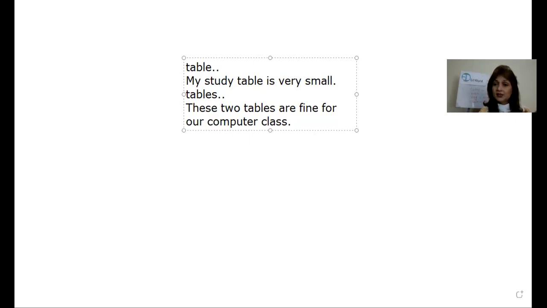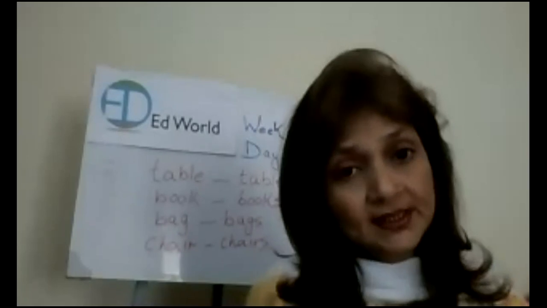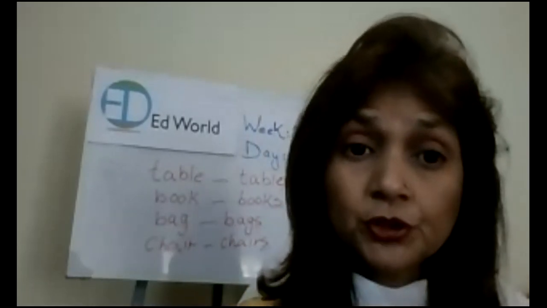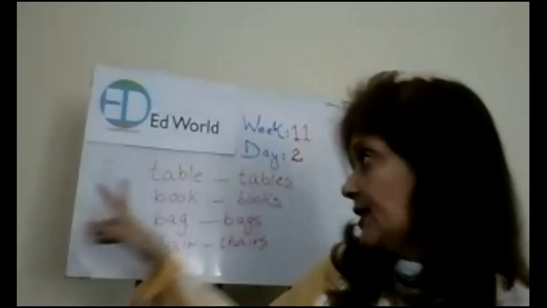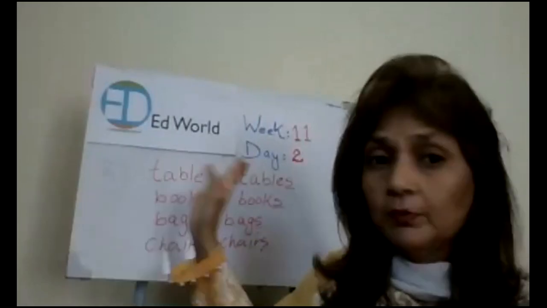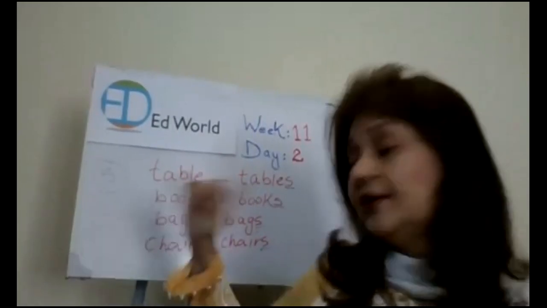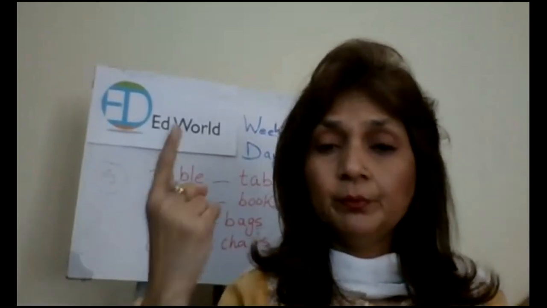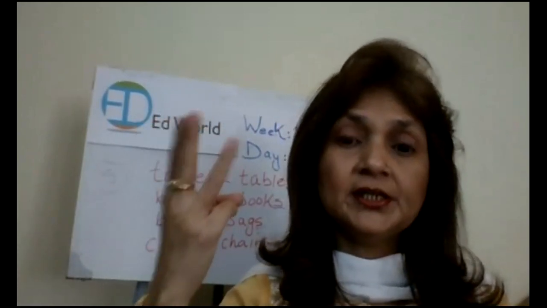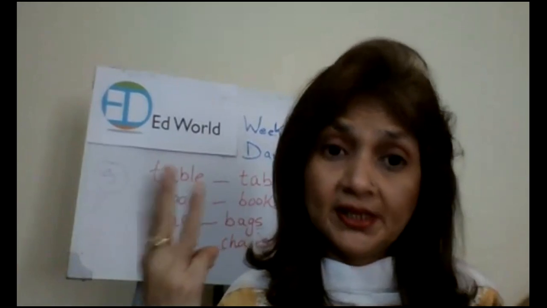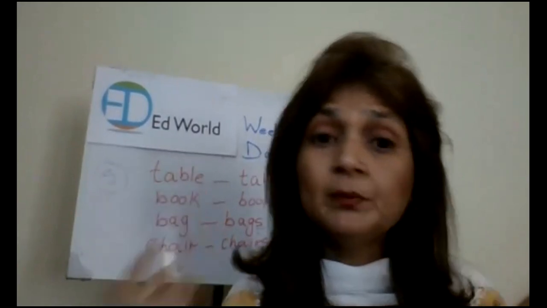Now, it is your time to make sentences. What you are going to do? You have to make sentences with book, books, bag, bags, chair, chairs, right? So there are 3 words with singular and 3 words with plural.